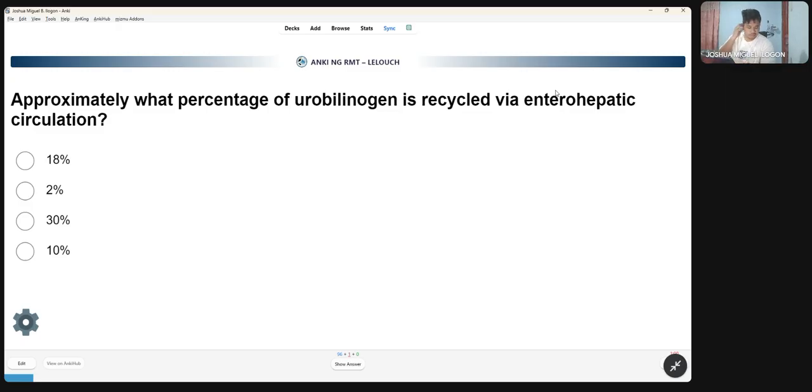Poor kidney function if you have low eGFR. Your creatinine clearance is U times V over P. U times V is how much creatinine is cleared from blood in 24 hours, over serum creatinine.